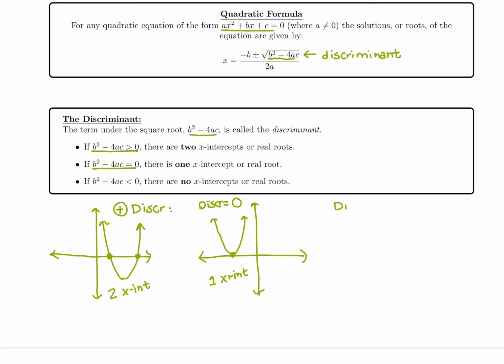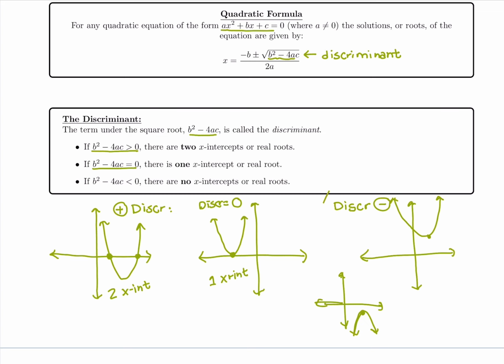If our discriminant instead is negative, that means there are no x-intercepts. We could have our vertex way up here and have a U, or maybe another option would be having a vertex below the x-axis down here, and then we go down from there.